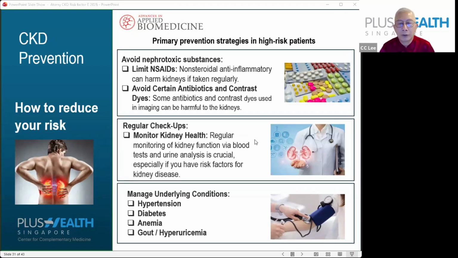You really have to do regular checkups with urine analysis as well as blood tests. They will give you a much more accurate presentation of your kidney function status. Also very important, we already mentioned all the major risk factors that can affect the kidney, and therefore once you have those risk factors, you must know how to manage them, right?